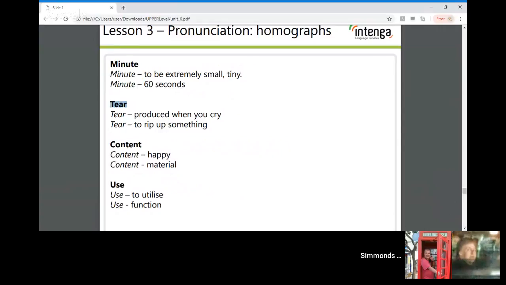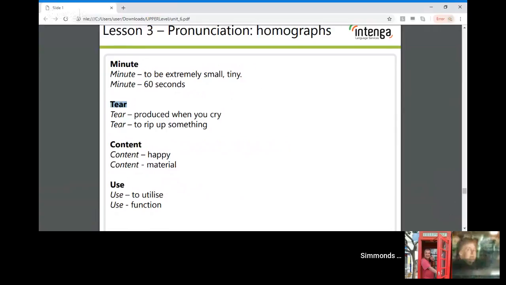I would say the second one is pronounced tear. To rip up something. For example, you don't want the paper, and so you tear it. Did you hear that?